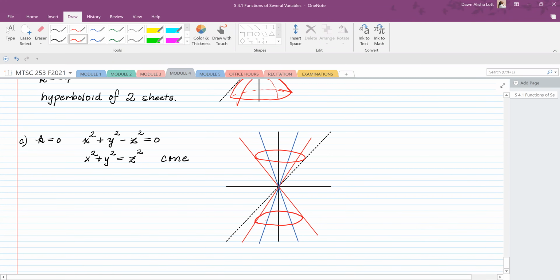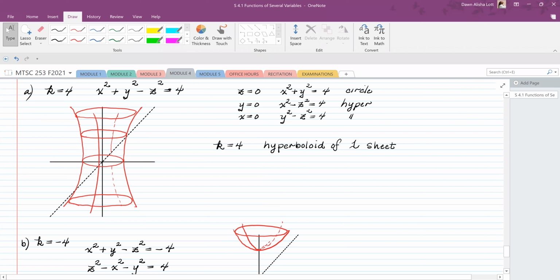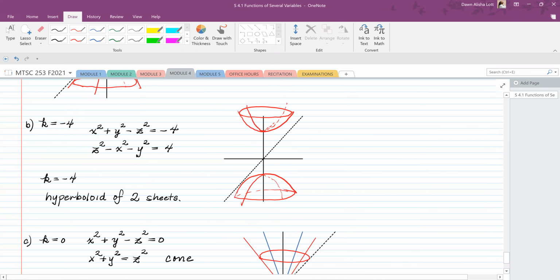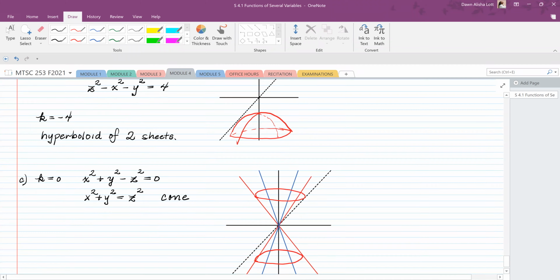Okay, so you can kind of see what happens here. For positive values, you get a hyperboloid of one sheet. As the numbers decrease, the thing goes from looking like a hyperboloid of one sheet into a cone.